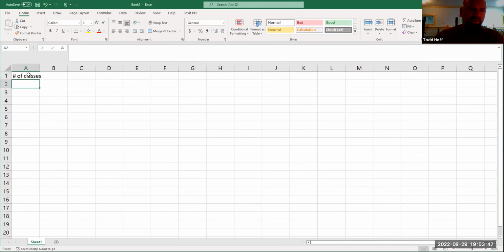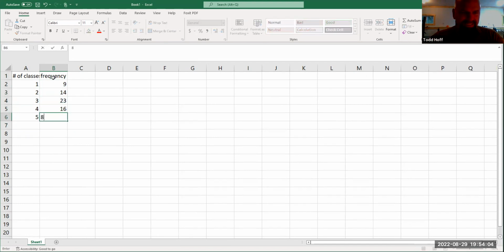And remember, if there's 0, they're not a student. So we're going to start at 1, and let's say nobody in our sample had more than 5. The frequency, let's say we've got 9 that took 1 class, 14 took 2, 23 taking 3, 16 taking 4, and 8 taking 5 classes.